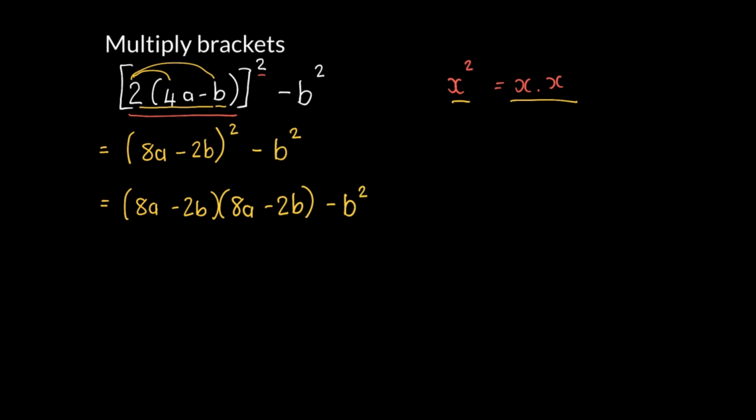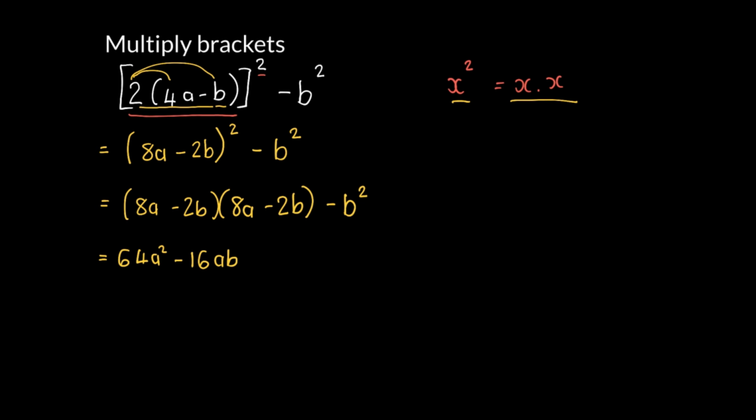And I would encourage you to pause here and just continue finishing the rest of the sum to see how that will look. Okay, so now we can go in and we're going to do the FOIL method just like we did in the other sum. So 8a multiplied by 8a will give us 64a squared. 8a multiplied by negative 2b is minus 16ab.